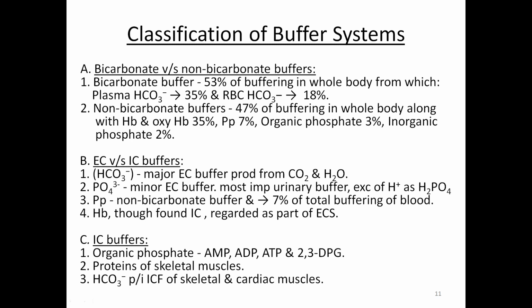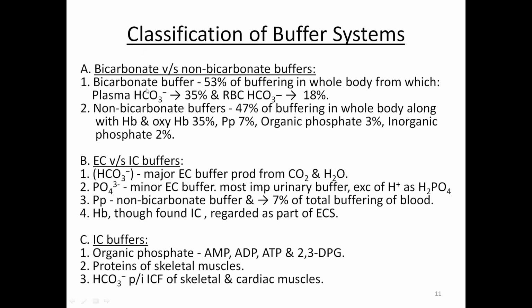So bicarbonate buffers form around 53% of buffering of the whole body. Out of this, plasma bicarbonate contributes 35% and RBC bicarbonate contributes 18%. Now your non-bicarbonate buffers form 47% of buffering in the whole body, with a contribution from hemoglobin and oxyhemoglobin, then plasma proteins, then organic phosphate and inorganic phosphate.